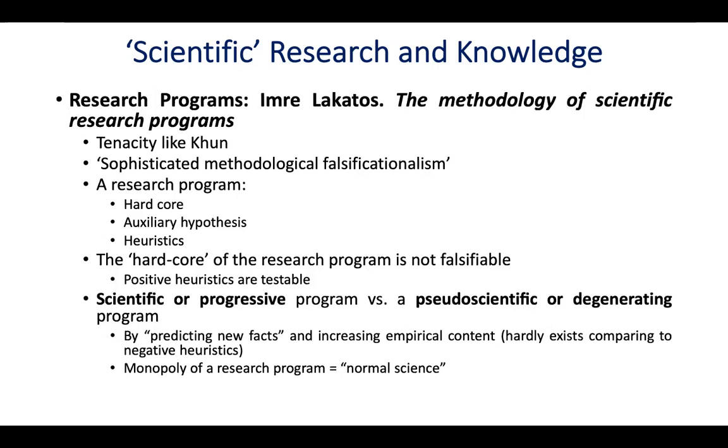How does this happen? Through what he called heuristics, positive and negative. The heuristics are a kind of machinery or problem-solving tools. The negative one protects the hardcore of assumptions and the set of methodological rules of any research program. I'm going to apply this shortly to one application of the rational choice model. The positive heuristics are elements or tools that are testable.